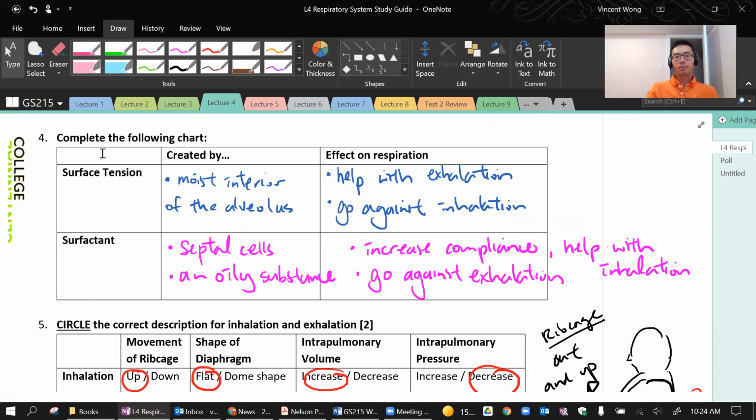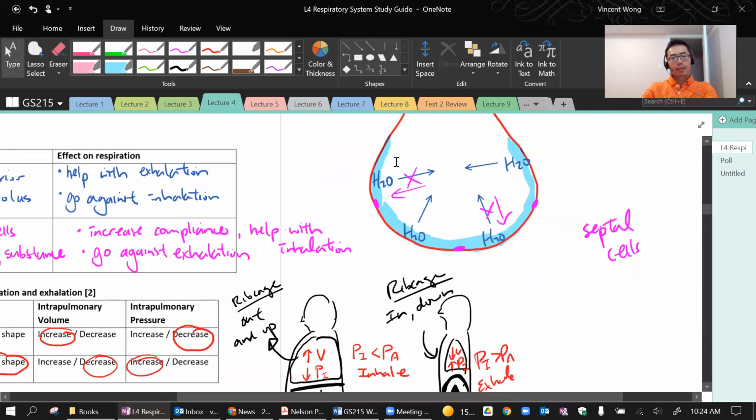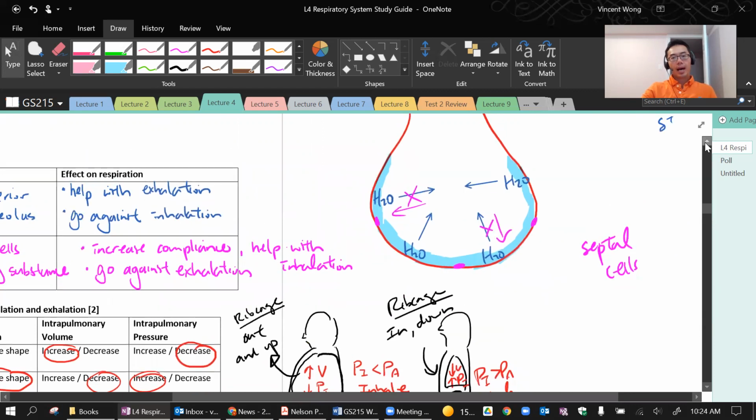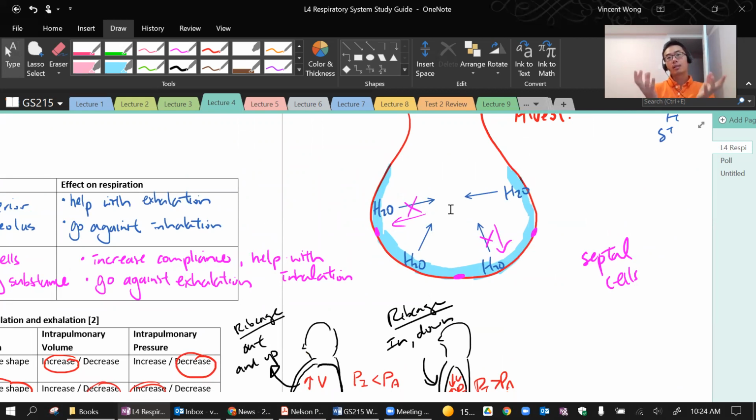Okay, so again, generally the surface tension is basically caused by the moisture inside the alveoli. The surface tension will cause the alveoli to collapse because of the attraction between the water molecules.